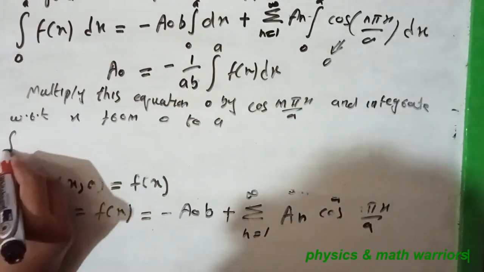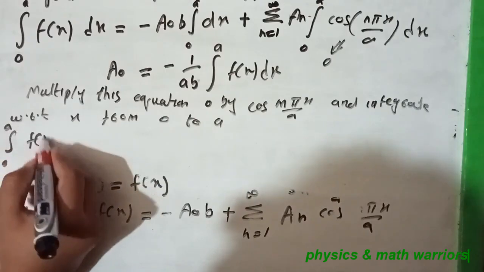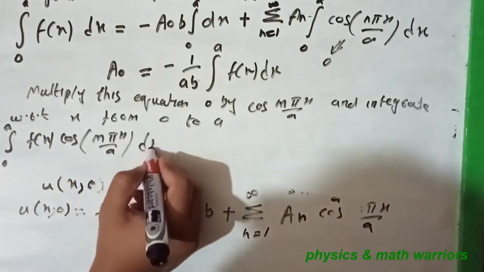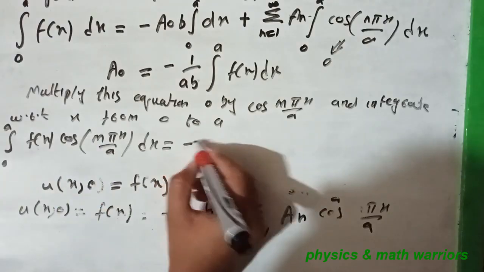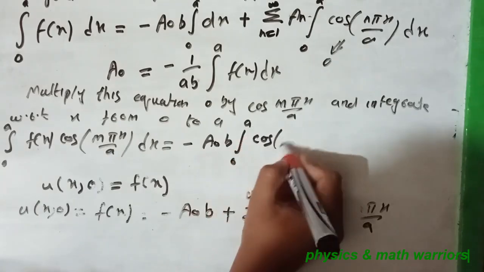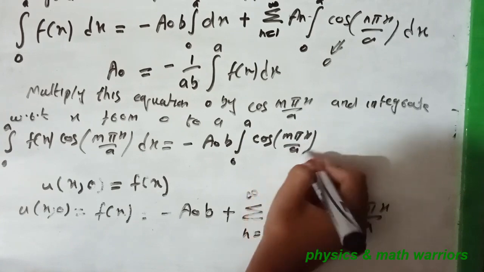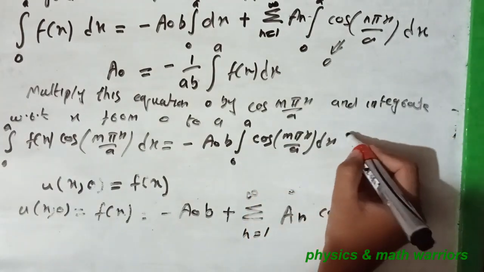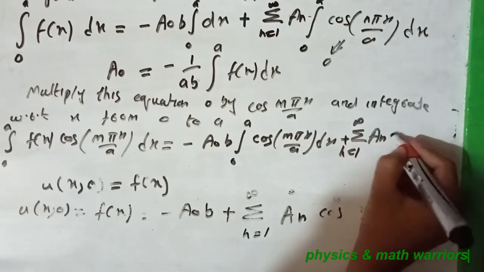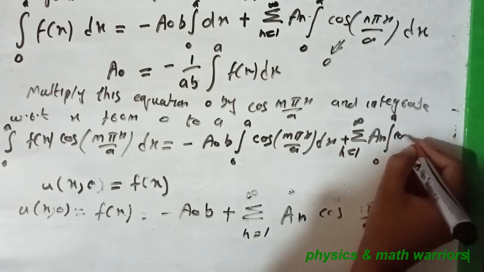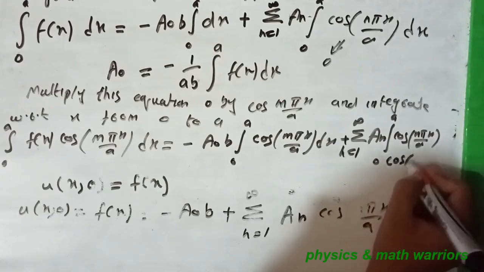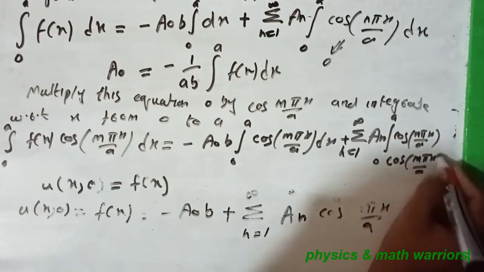So this becomes integral from 0 to a f of x cos m pi x over a dx is equal to minus a naught b integral from 0 to a cos m pi x over a dx plus summation n is equal to 1 to infinity an integral from 0 to a cos n pi x over a multiplied by cos m pi x over a dx.